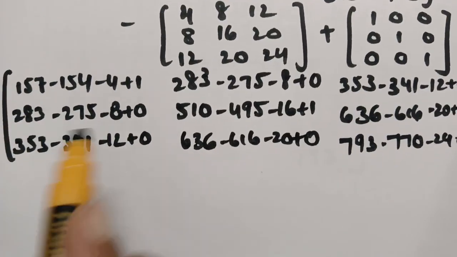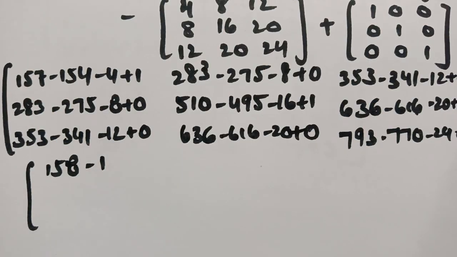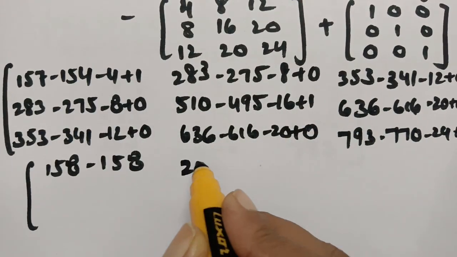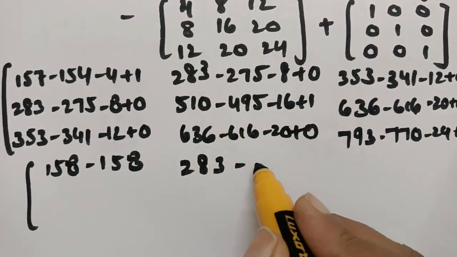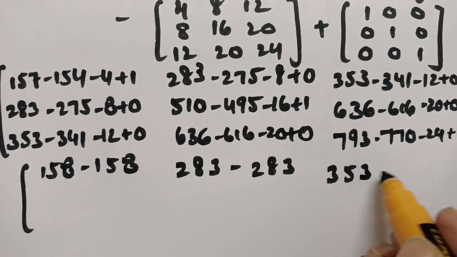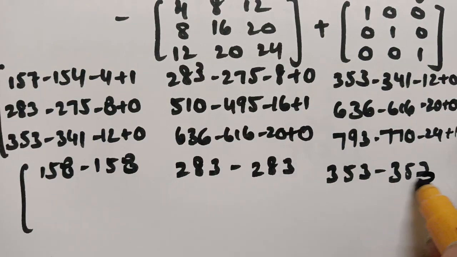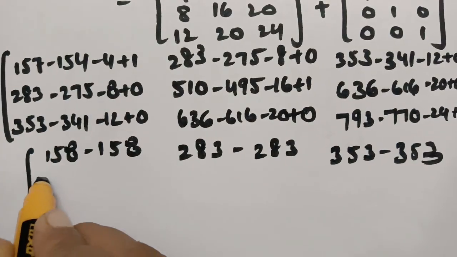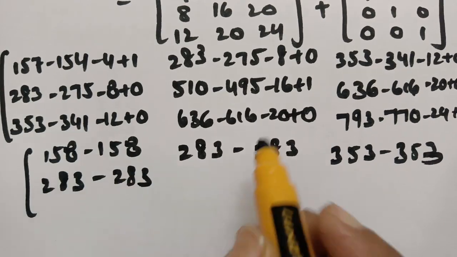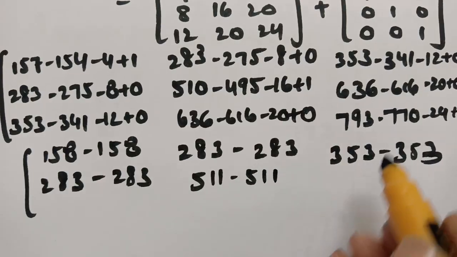So if you observe this one, this is going to become 158 minus, this is again 158. So if you see, this is 283 minus, this is 283. So here, this is 353 minus, if you add up this one, this is 353. And this is 283 minus 283. So this is 511 minus 511.